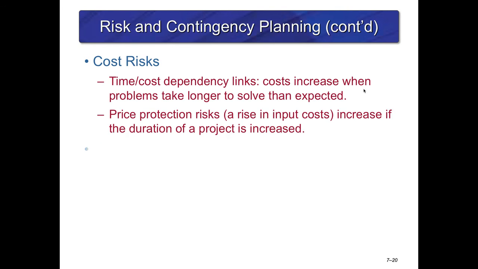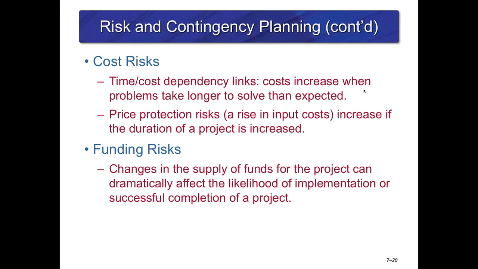Now, our cost risks and our funding risk, they are 2 different things. Cost risk and funding risk are not the same thing, all right? Now, a cost risk is when the costs increase and the problems take longer to solve.